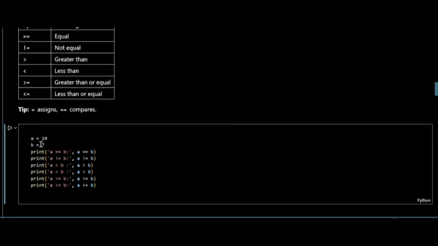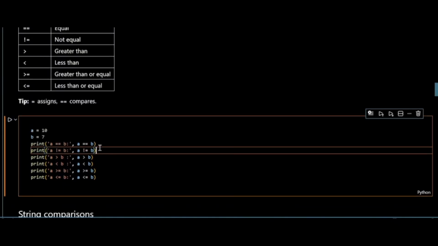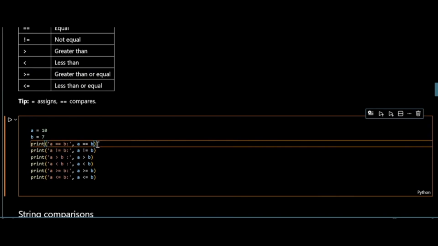So here we have an example. We have two variables, a and b. If a and b are equal, it should display true. If a and b are not equal, it should display false. In our case, we have 10 and 7, so they are not equal.